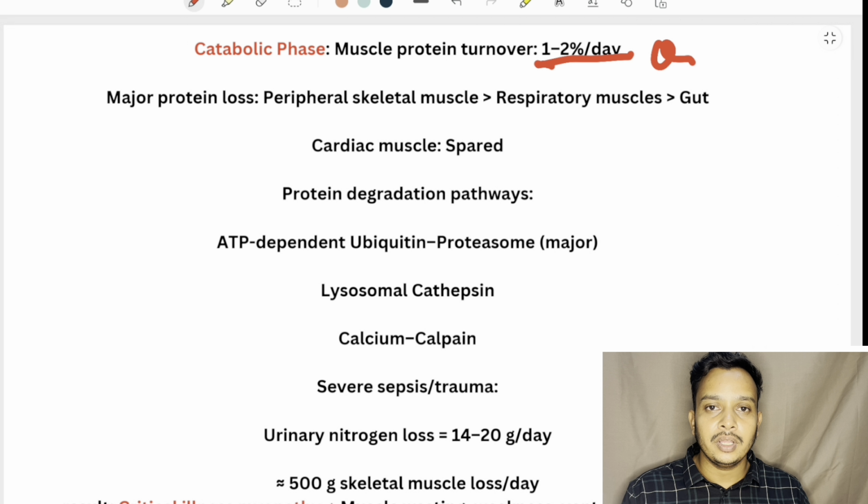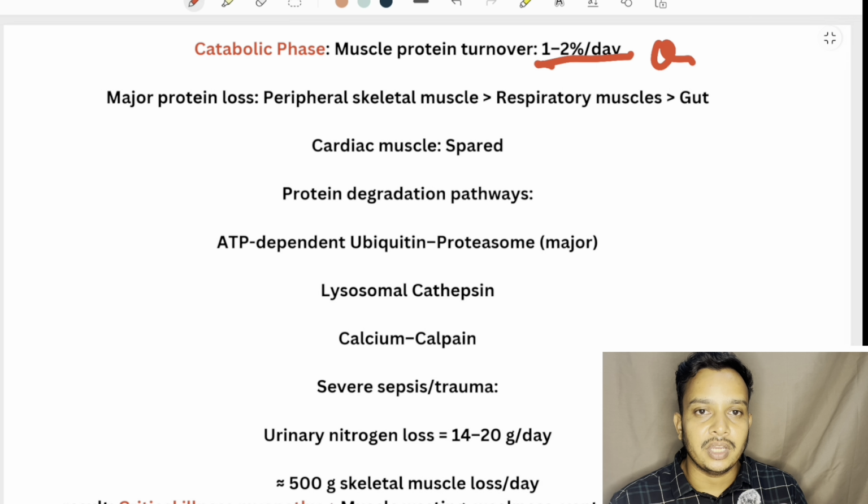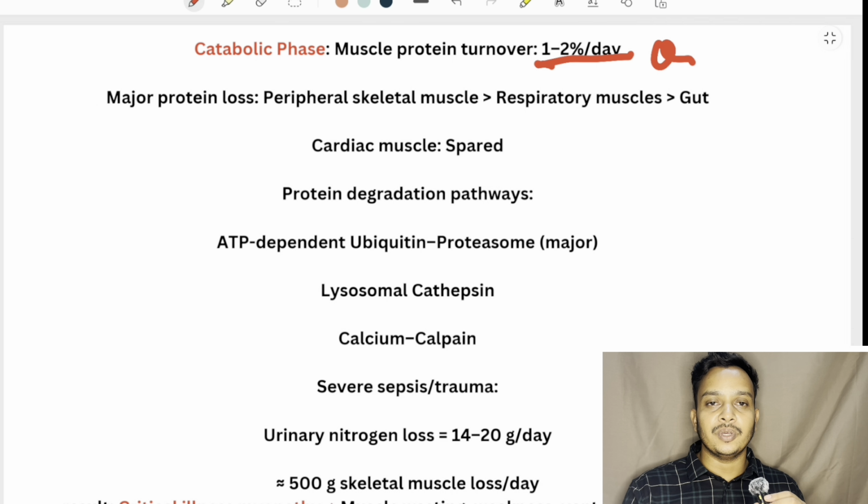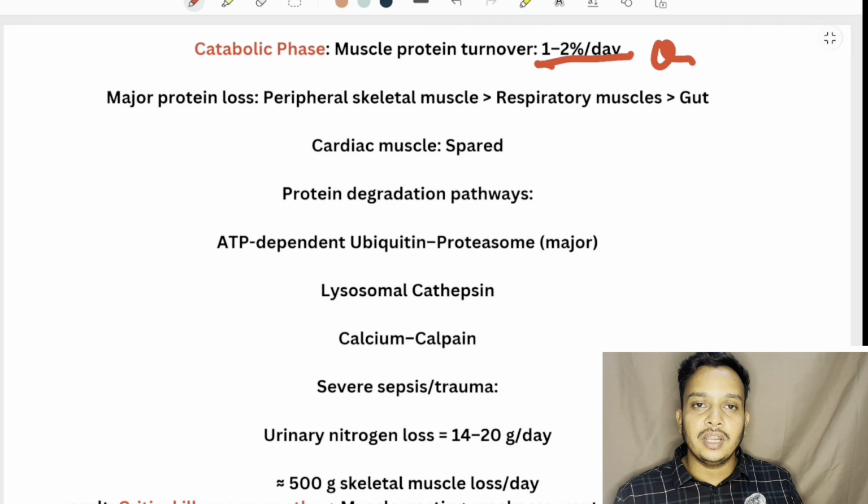Proteins will be derived from our peripheral skeletal muscle proteins, so that the patient will have a kind of myopathy state. Also, proteins are derived from the respiratory muscles, so that the patient will not be able to breathe properly and will depend on a ventilator setup. Also the abdominal muscles are used, so that the patient will have reduced gut motility.